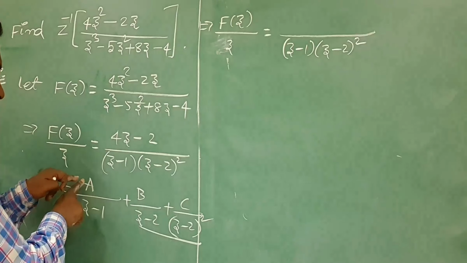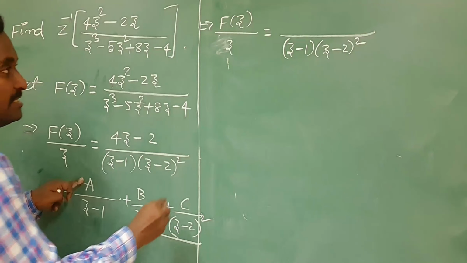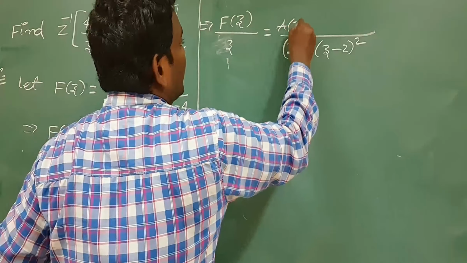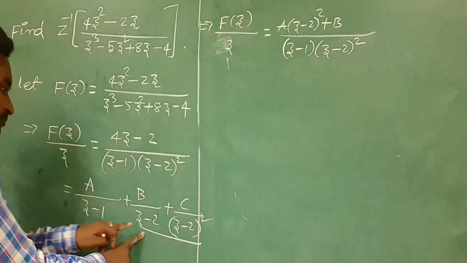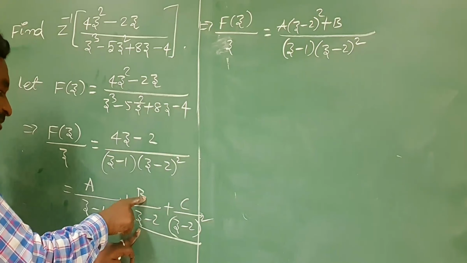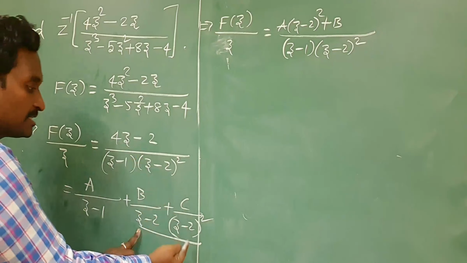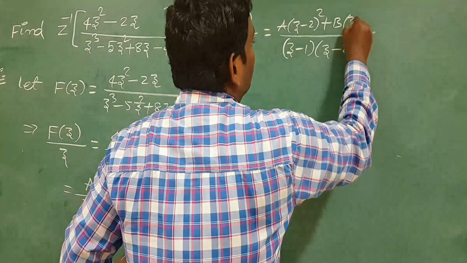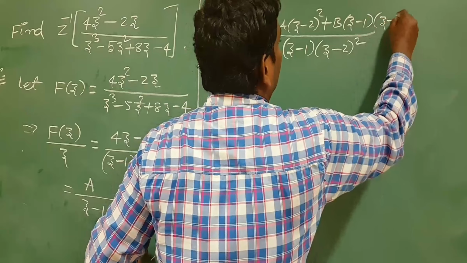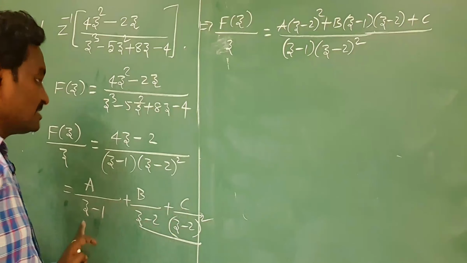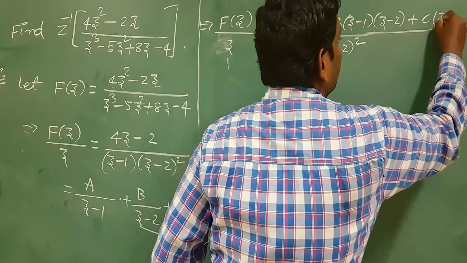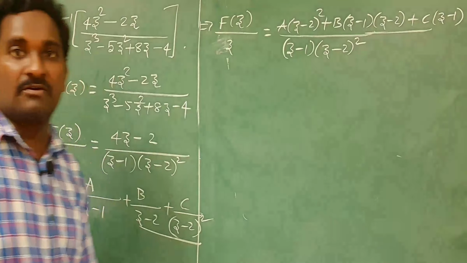So you should multiply A with the different factor, which is z minus 2 whole square: A into z minus 2 whole square plus B into, here we have only one z minus 2. That's why you should multiply B with z minus 1 and another z minus 2. Plus C into the different factor, which is z minus 1 only, C into z minus 1.